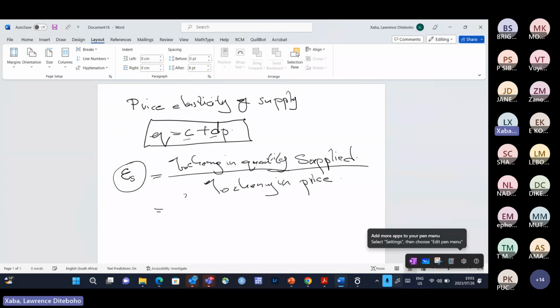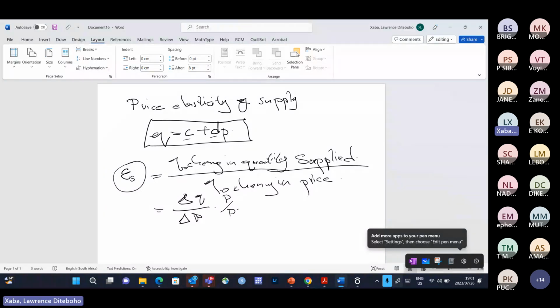And we know the change in quantity divided by the change in price, times. The procedure is still the same, people.